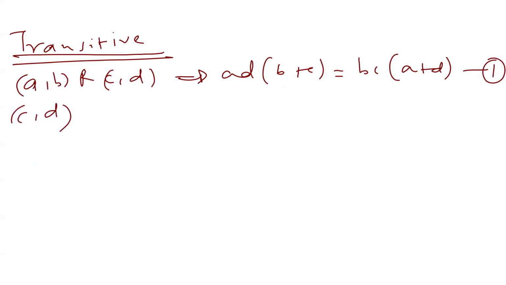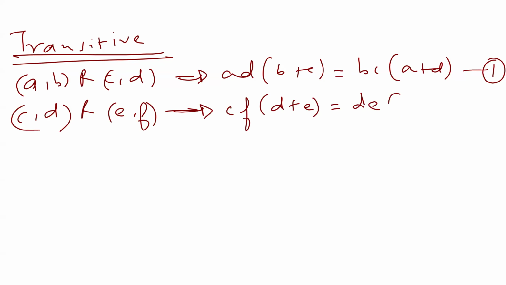CD relates to EF implies CF(D plus E) equal to DE(C plus F). Equation number 2. Fine. Now we'll have to follow a different approach for this problem. Remember this particular solution by heart and go for transitive.